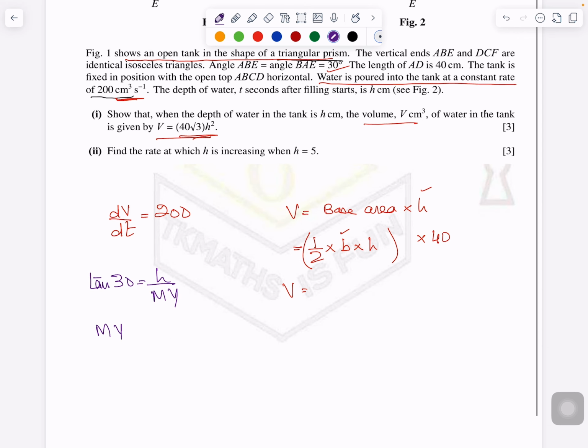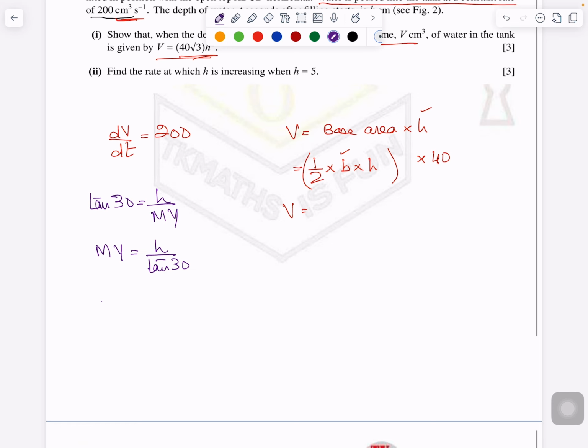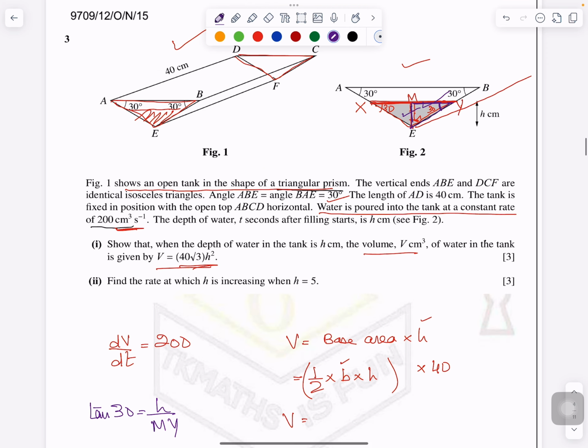So m is equal to h over tan 30. Now what is tan 30? Tan 30 is 1 over root 3. I'm just using the calculator. So m is equal to h over 1 over root 3, which is equal to root 3 h. But we need this complete thing from x end to y end, this whole thing.